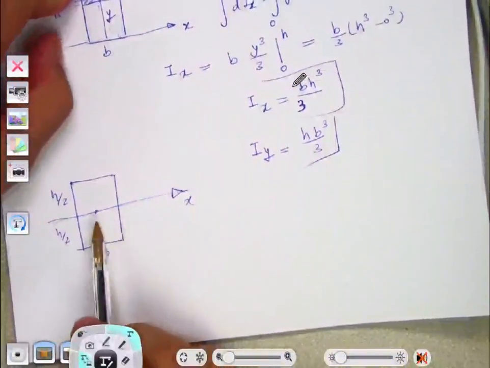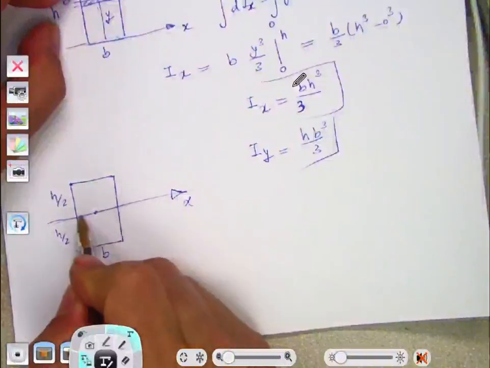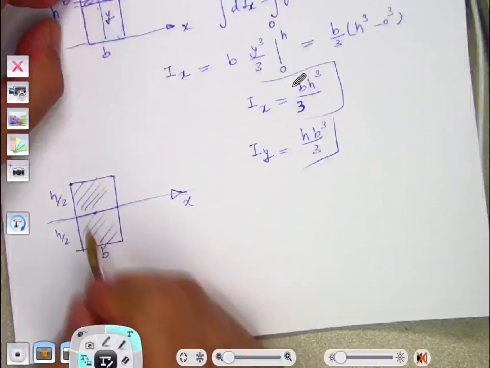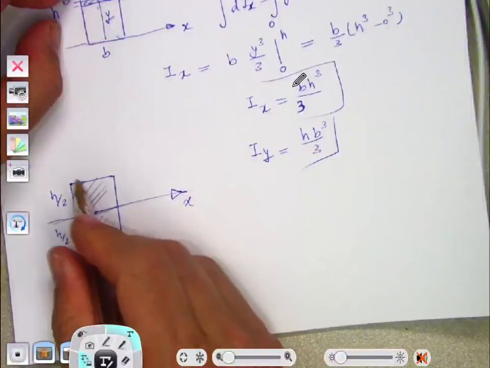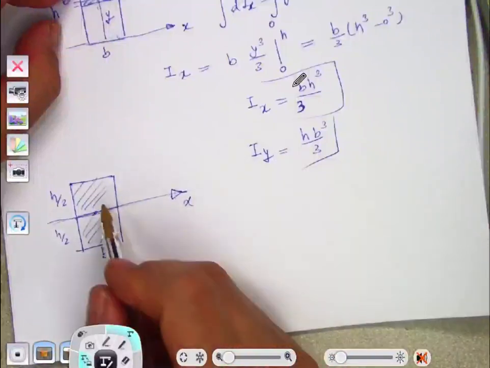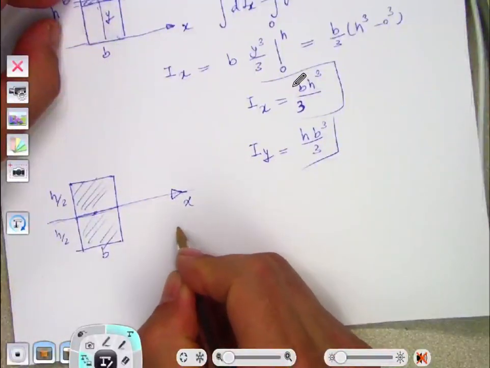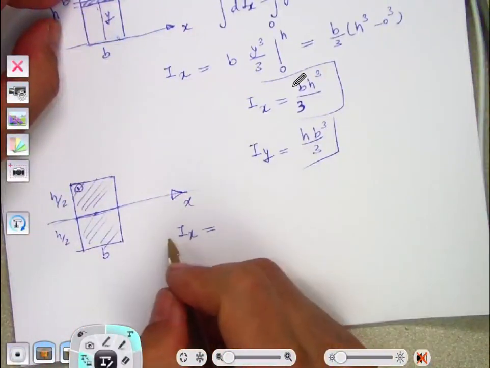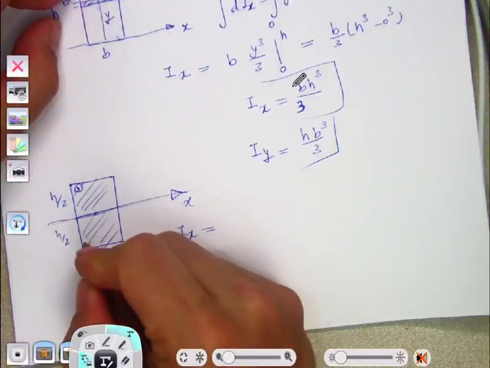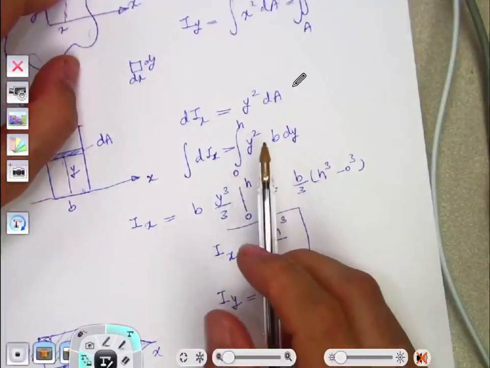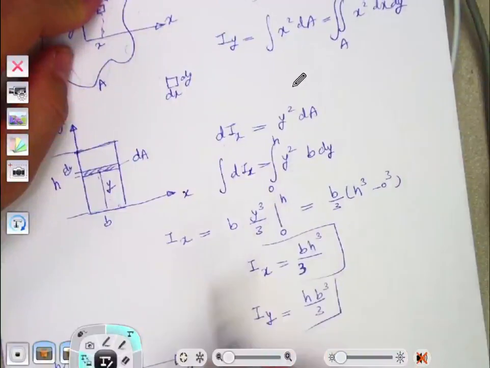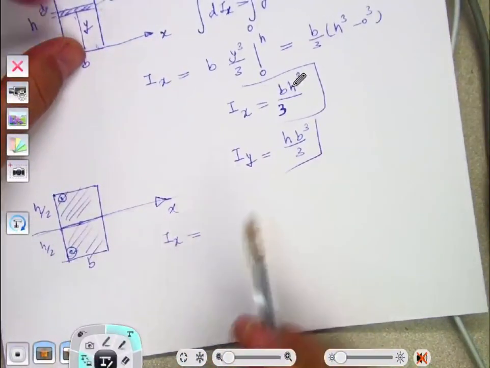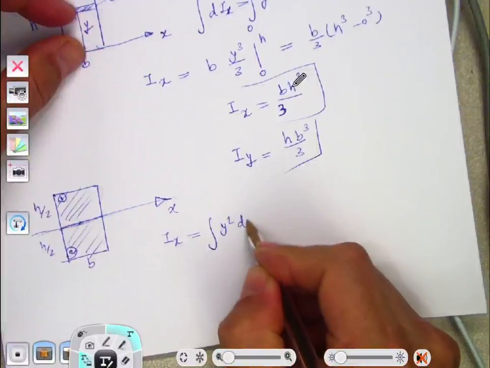Alright, so here, you can think of this as made of two rectangles, right? One here, one here. And for this top rectangle, what is moment of inertia? We just found a formula, right? So total Ix is going to be, if I consider this first part and the second part, since moment of inertia is basically integration, for Ix I have to do this integral for the entire area.